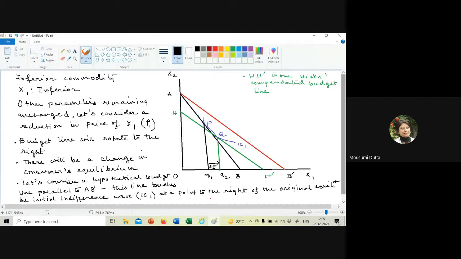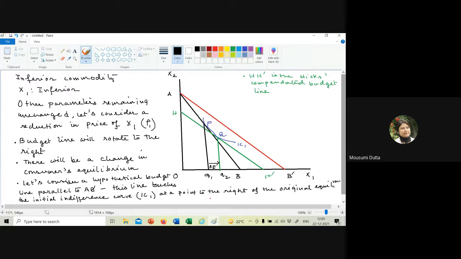That indicates constancy in the purchasing power following Hicks. So between AB and HH prime, the real income of the consumer is fixed because both the lines can attain the same indifference curve marked by IC1.